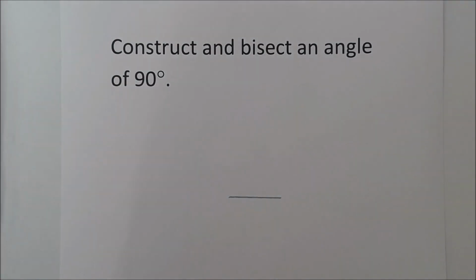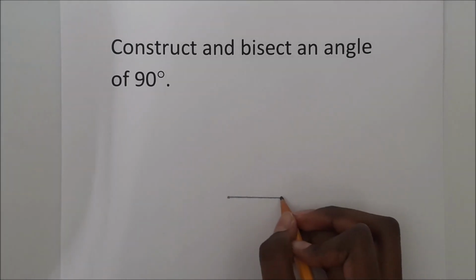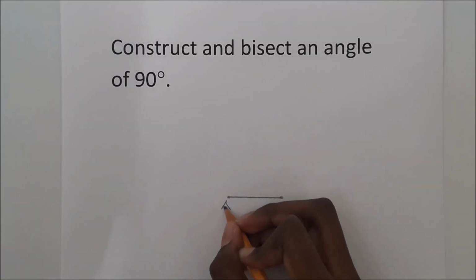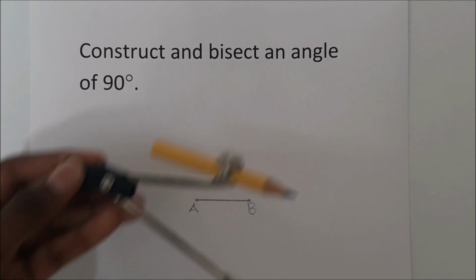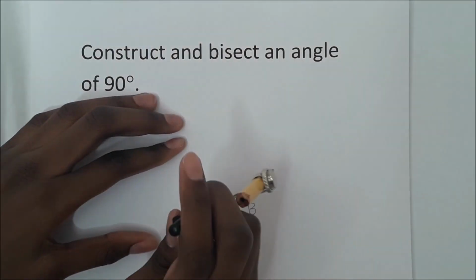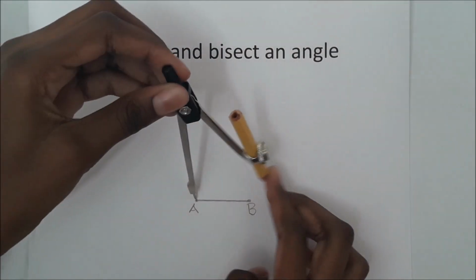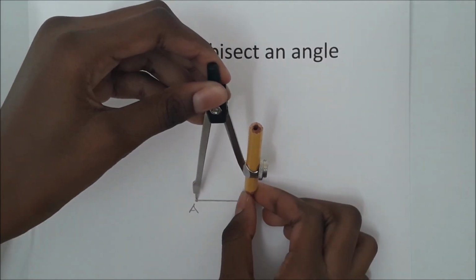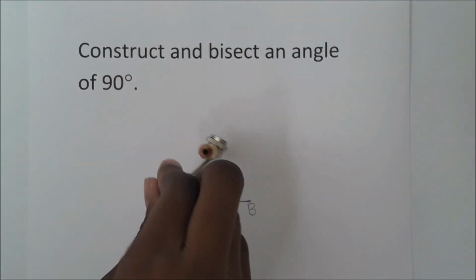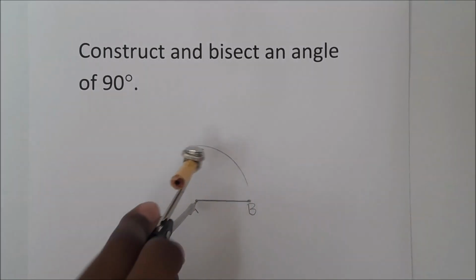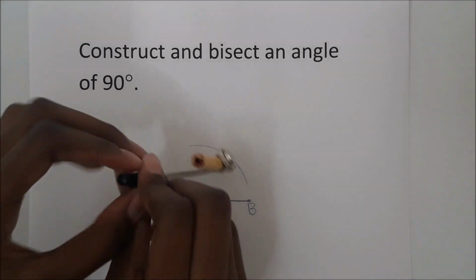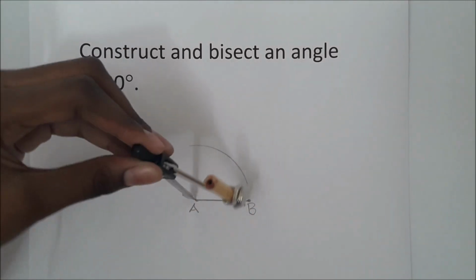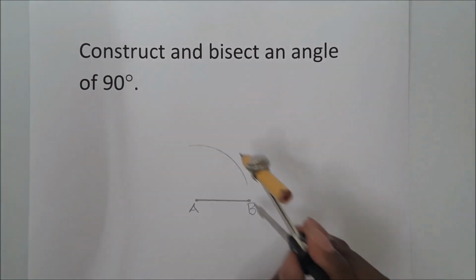Then label it point A and point B. Then with your compass, extend it more than halfway on the line and draw an arc. No, you don't have to do top and bottom. Do the one with the circle so they can understand how you do that one.